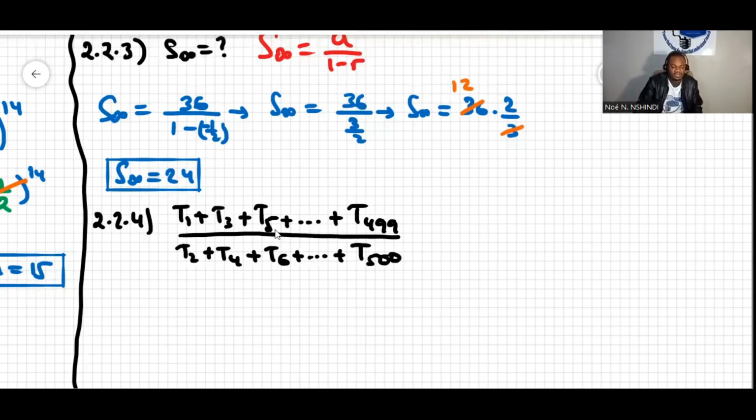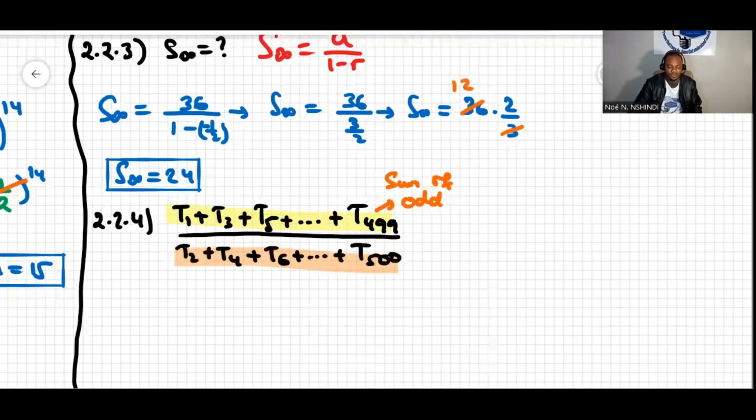The numerator here consists of the sum of odd terms, and the denominator here consists of the sum of even terms.